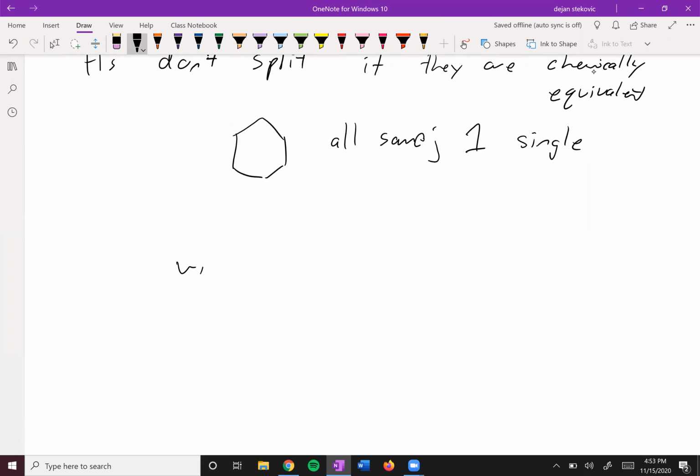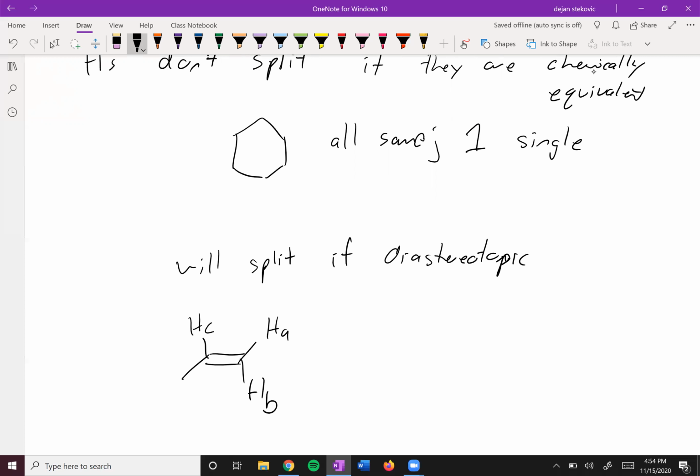They will split if they are diastereotopic. So for example, something like an alkene, if we have HC, HA, and then HB, we're going to have splitting here because these 2 hydrogens are diastereotopic.